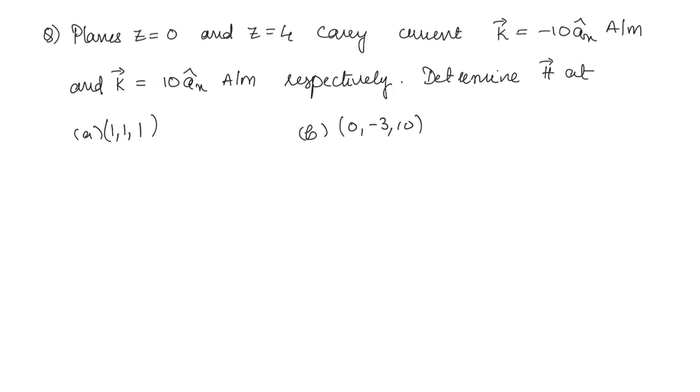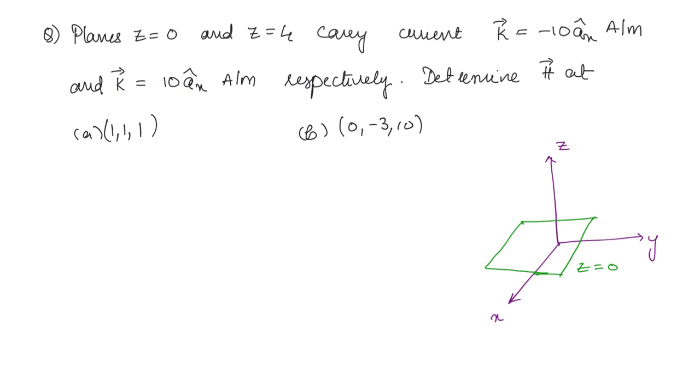So z equals 0 basically means that all points on the plane have z coordinate 0. That is nothing but the xy plane, right? All along the xy plane, the z coordinate is going to be 0. So this is the z equals 0 plane.